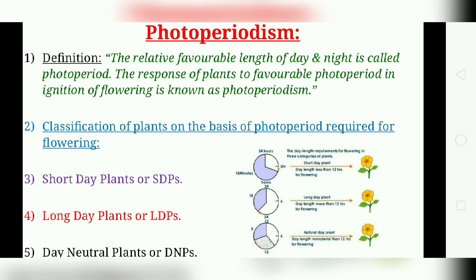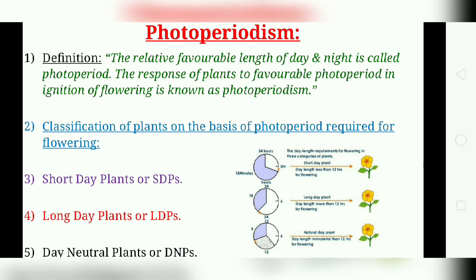The role of light is very important for the growth and development of plants, where the intensity and quality of light play an important role. Flowering in plants depends on the day length or photoperiod received by them.